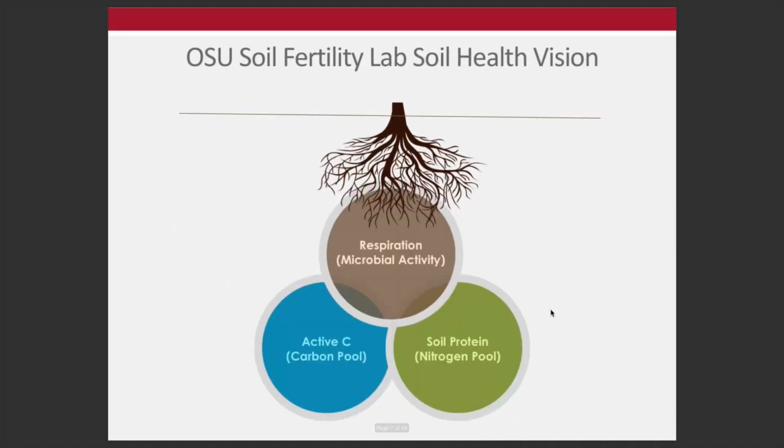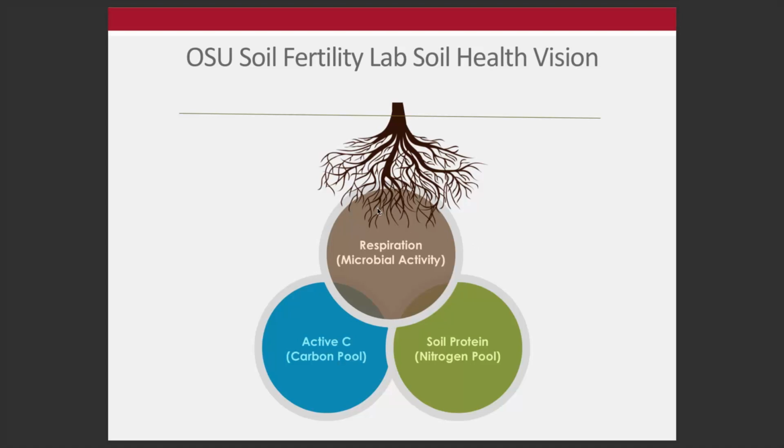Okay, so what we've done. We've taken 3 tests that we really like and we feel confident in, and we've done a lot of work in this over the last 3, 4, 5 years, and we're still trying to figure a lot of this out. So this talk is very much a work in progress. We've got respiration as our first measurement, as a measurement of total microbial activity.